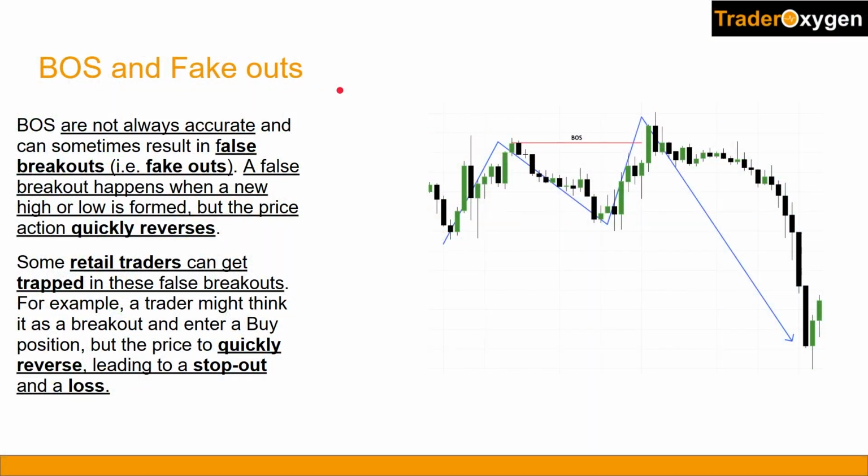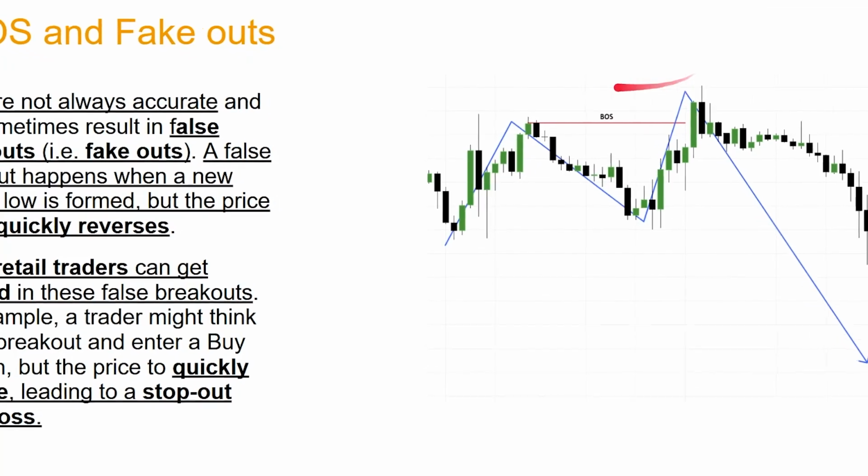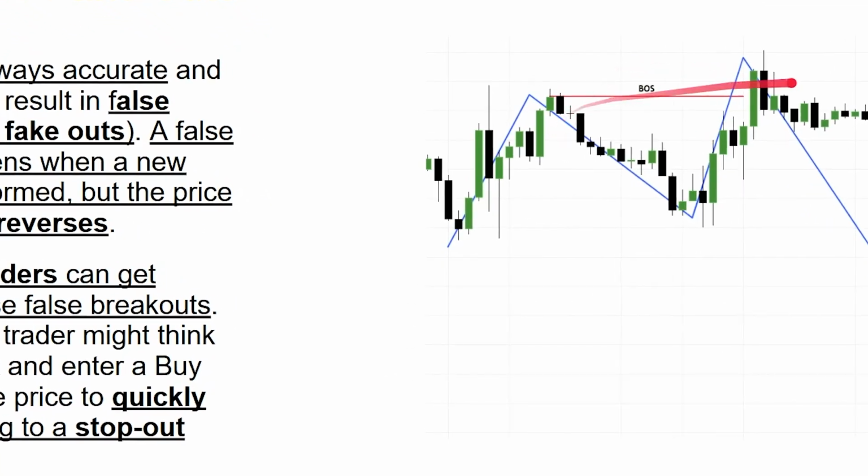Okay, now let's look at fakeouts and why they are important for traders. So what are fakeouts? Fakeouts are basically a false break of structure. This looks like a break of structure where the price is pushing up through this swing high, and sometimes it's a false breakout.